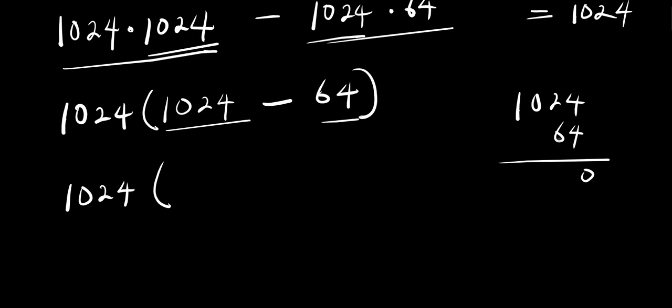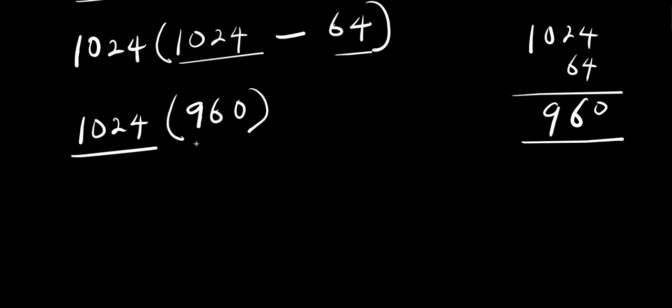So 12 minus 6, we are simply going to have 6. Then what we have here is now 9. So we have 9 here and nothing left here because you have already taken the 1. So this is 960.